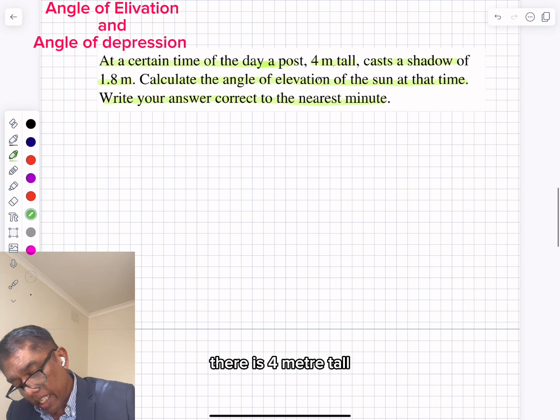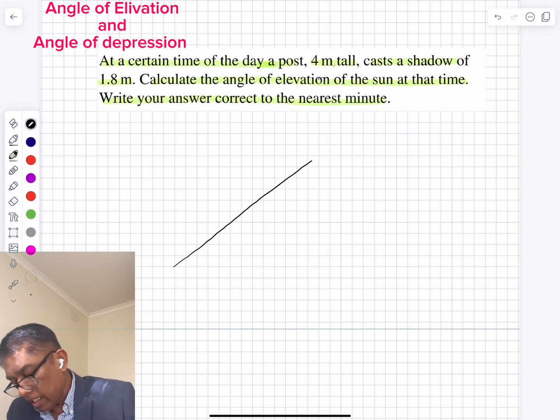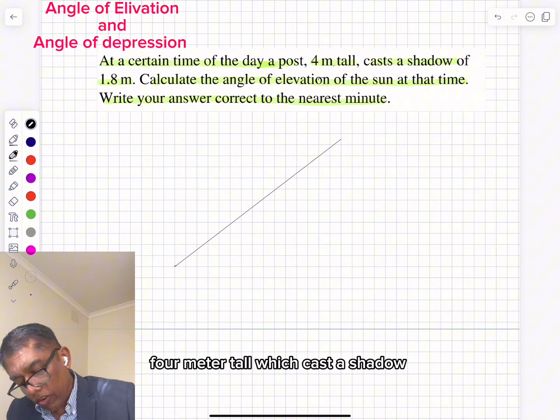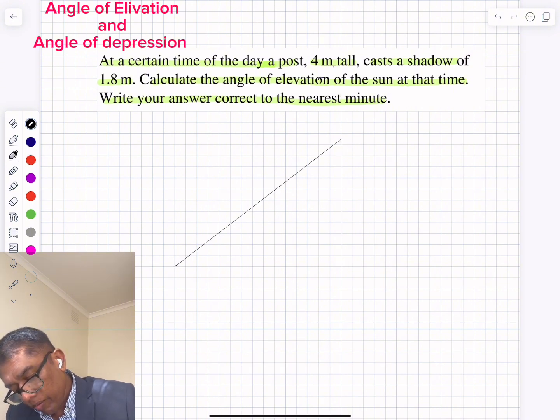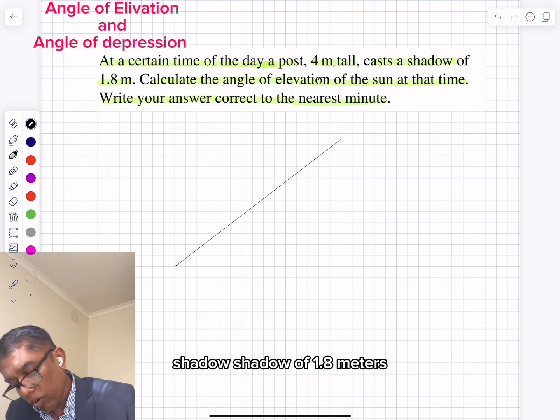The diagram is there is a 4 meter tall post which casts a shadow of 1.8 meters.